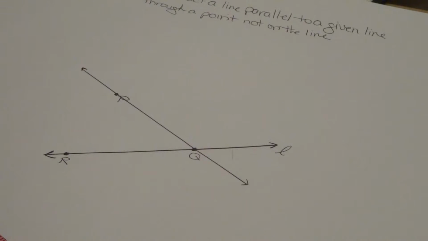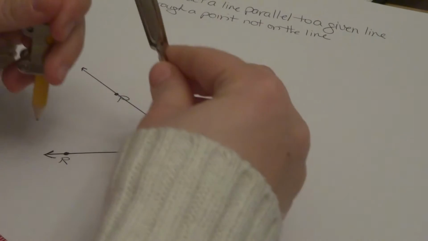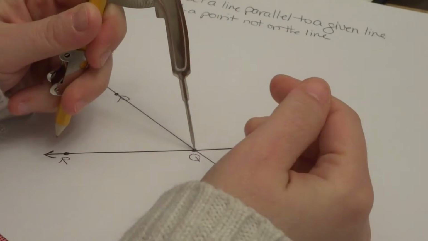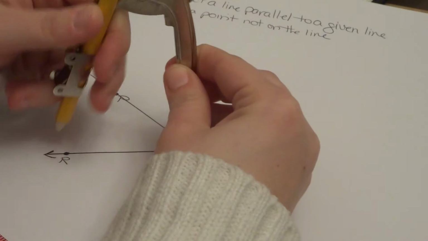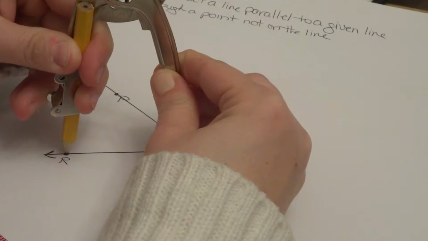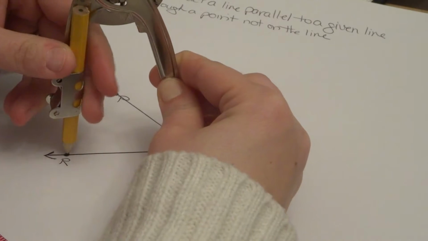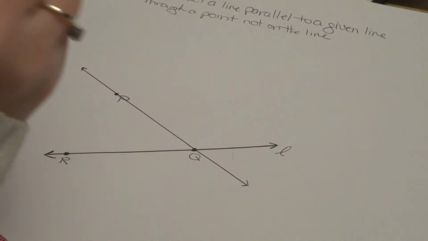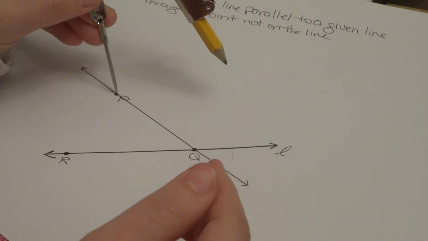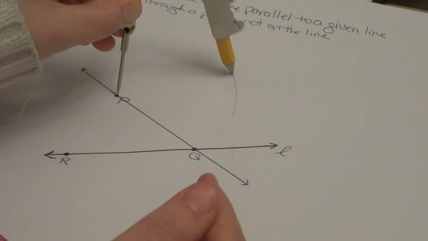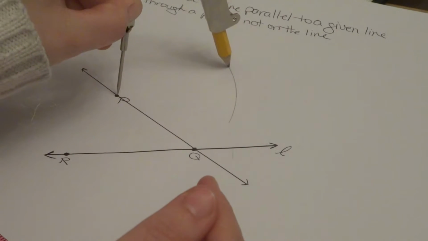So what we're going to do is measure the length of QR with our compass. So put the point of your compass at Q, get the pencil onto R, measure that distance, pick it directly up, rotate it so that the point is now on P, and make an arc to represent that length.